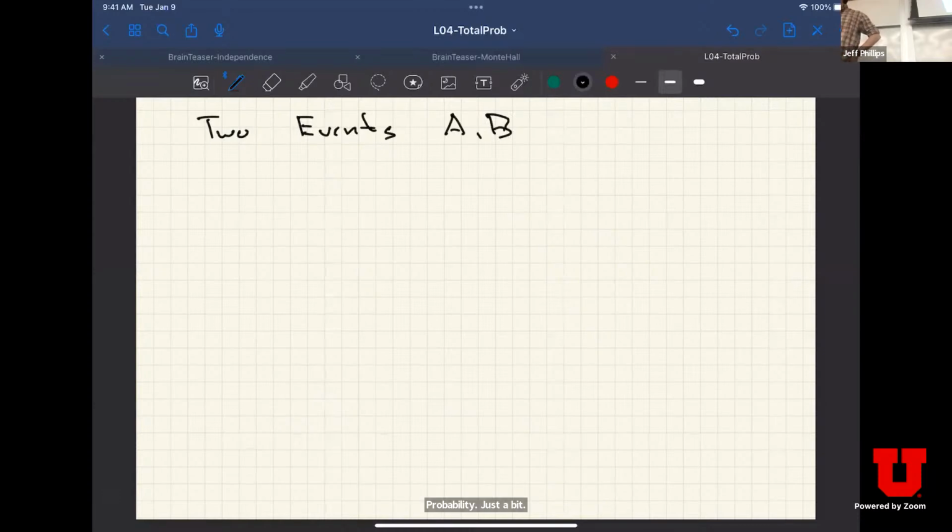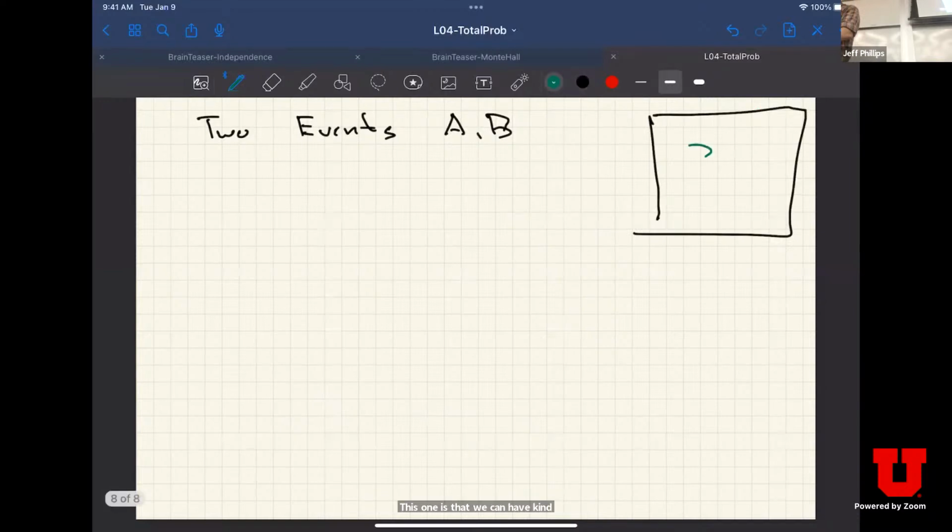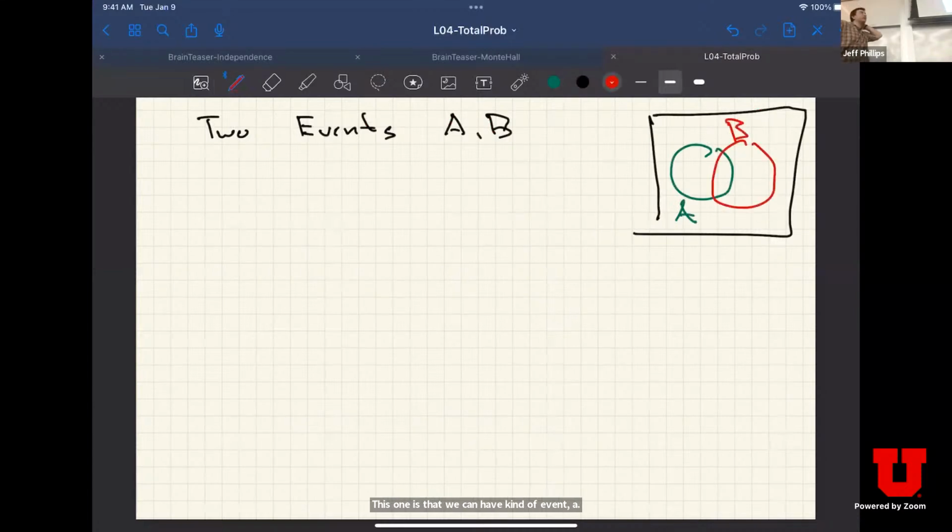We've been saying there are a bunch of ways we've been thinking about this. One is that we can have event A and event B. Okay, and there are these two different events we could think about, and they could both happen. It could be neither of them happen.